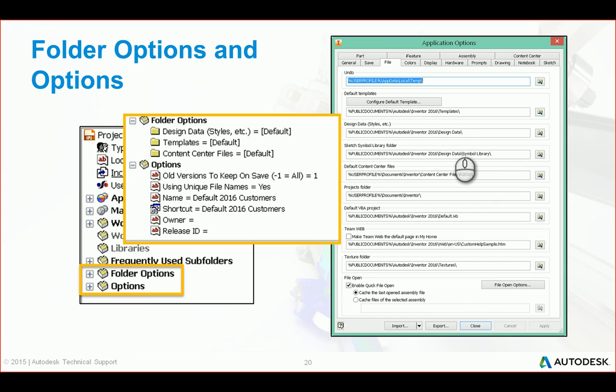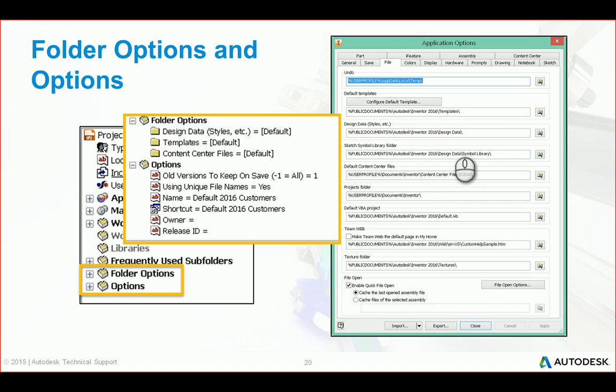Inventor remembers where it placed that bolt in that assembly from, and if somebody else opens up that assembly, they don't have access to your personal user profile, so it comes up and asks them to find the appropriate fastener. So the recommendation is that you either configure the same location on everybody's computers and make sure everybody has the same ones created, so you can have a master up on the network and then copy them to local, or you put everything on the network.